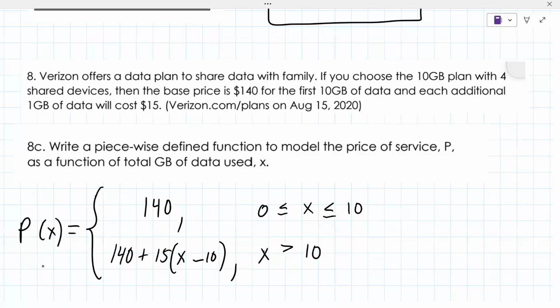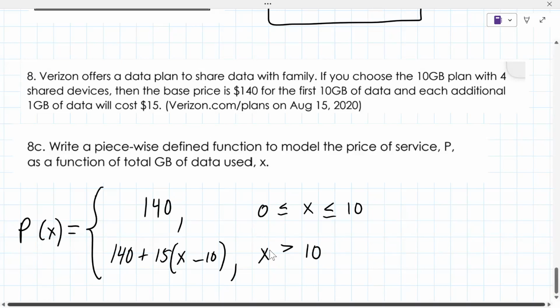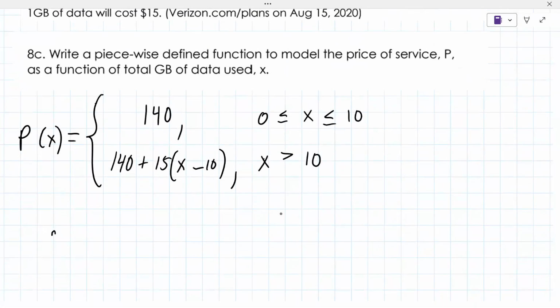8A, what is the cost of your service if we use 8 gigabytes of data? This is now part A, like what we were doing earlier. You have to decide: is 8 between 0 and 10?